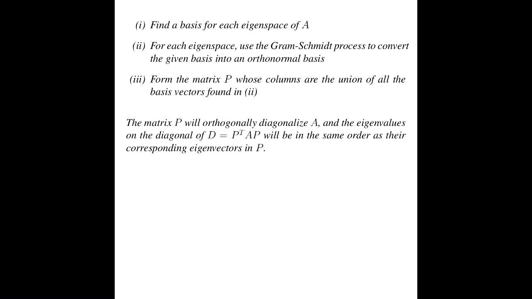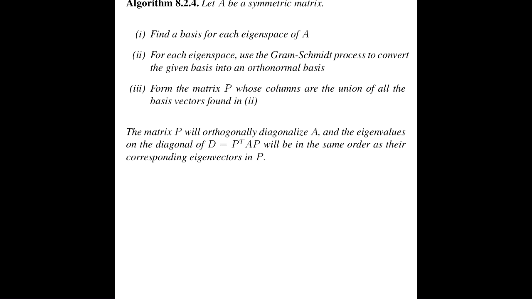First, we find a basis for each eigenspace of A. So first we find the eigenvalues and eigenvectors, and then we can find the eigenspace corresponding to each eigenvalue.